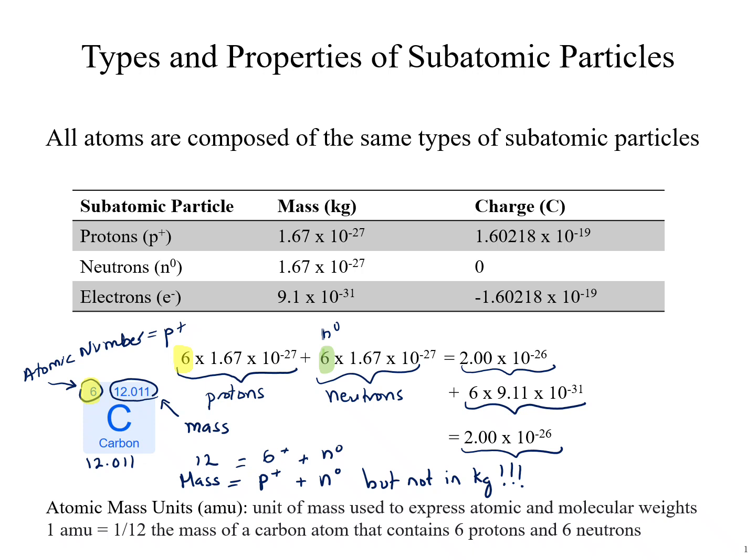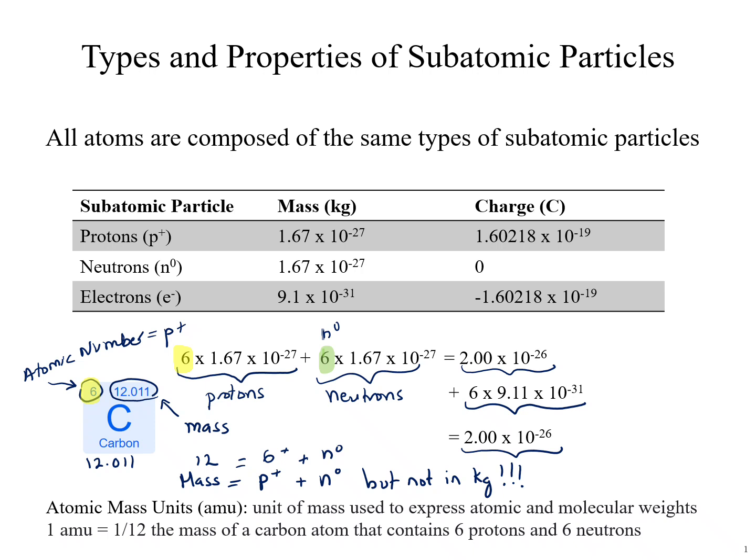I have the same mass calculated using only protons and neutrons as the number I'm getting if I add also the electrons. I'm getting the same numerical value because the mass of the electrons is so small that it's not making a difference on that total mass that I'm calculating.